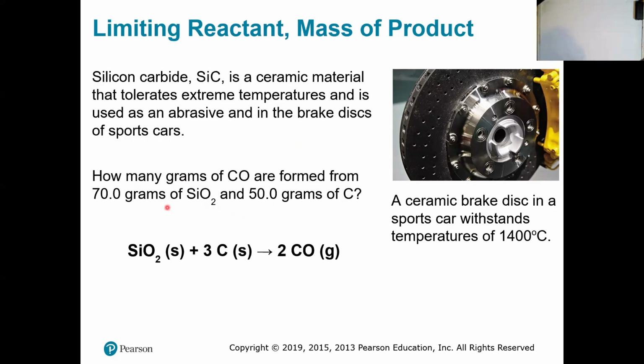They're expecting you to understand that when you're given mass values for 2 of your reactants, the question is automatically going to be a limiting reactant type of question. Okay, so as soon as you see mass values or mole values for 2 of your reactants, you automatically have to apply the limiting reactant and theoretical yield steps.